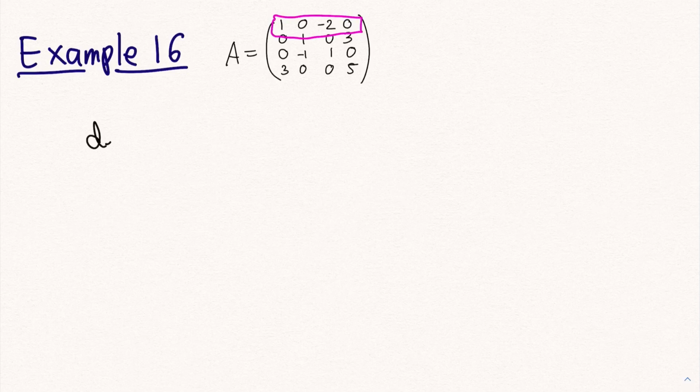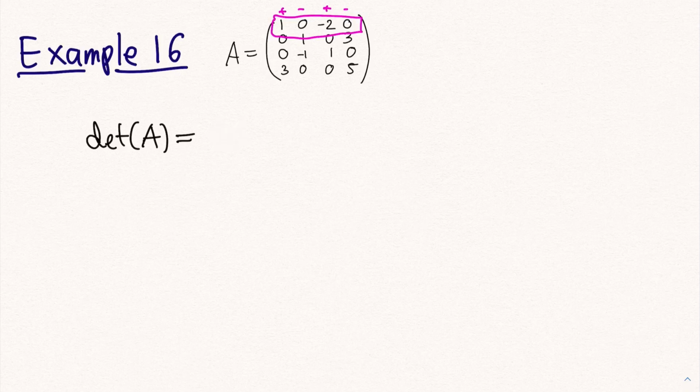So in this case, the determinant of A is, so we need to think about the signs. Here it's a plus sign, minus, plus, minus.